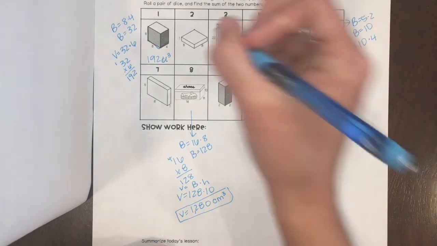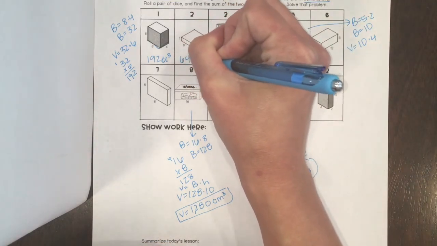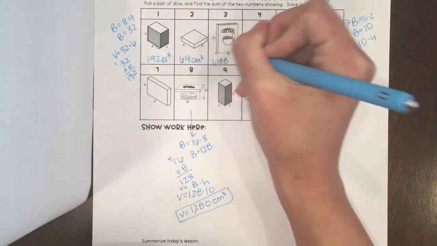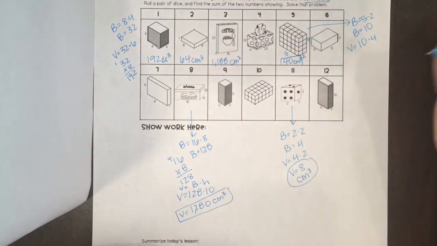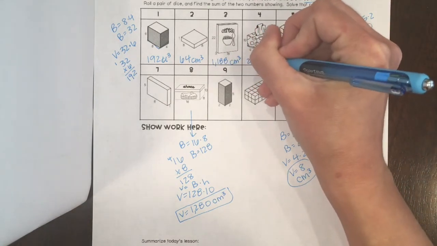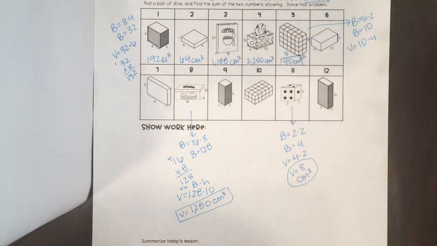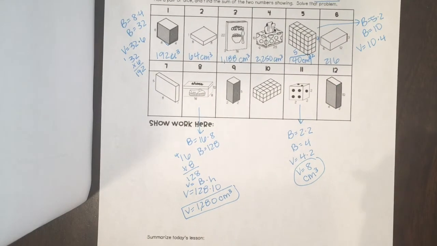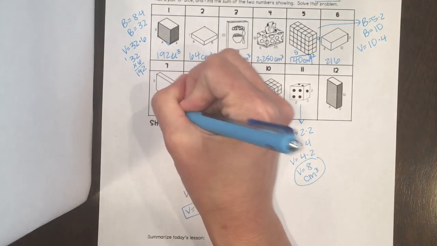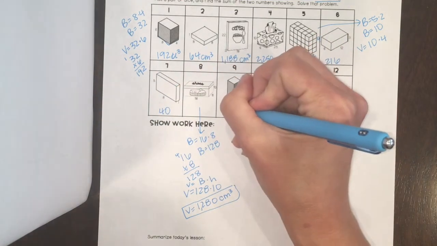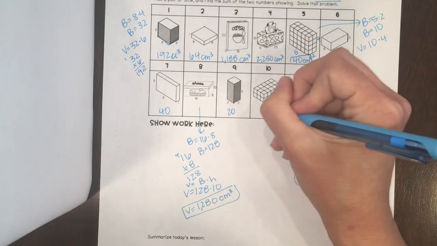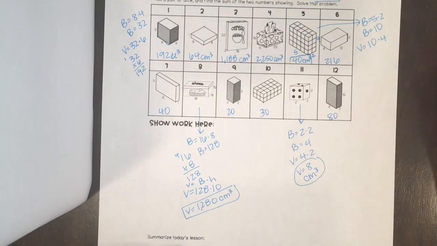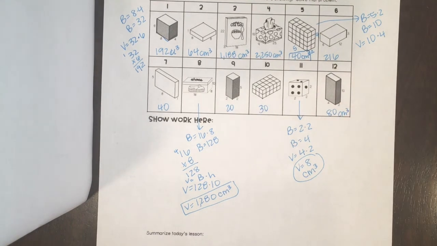But really quickly, this one would be 64 cubic centimeters, 1,188 cubic centimeters, 2,250, 216. I'm going to stop labeling. I know that's kind of bad, but it's okay. 40, 20 cubic centimeters, 30 cubic centimeters, and 80 cubic centimeters.